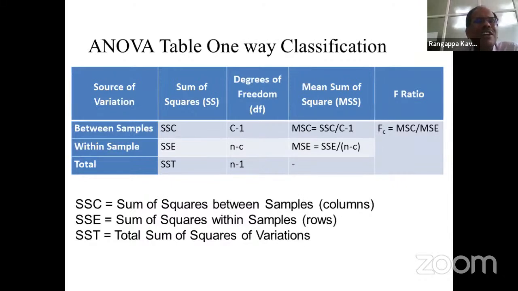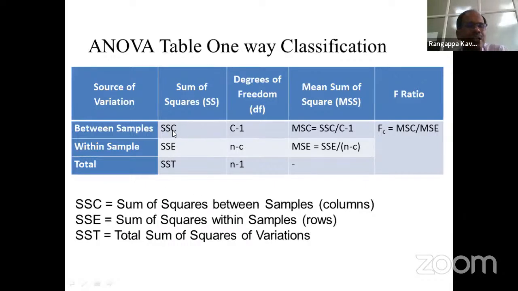In the case of one-way classification, we will have an ANOVA table like this. In one-way classification we have variance between the samples and variance within the samples. Anybody who has basic information about ANOVA will probably have come across this table.